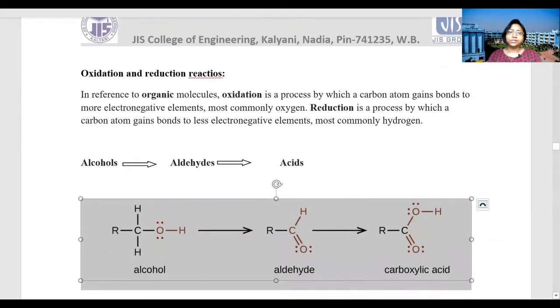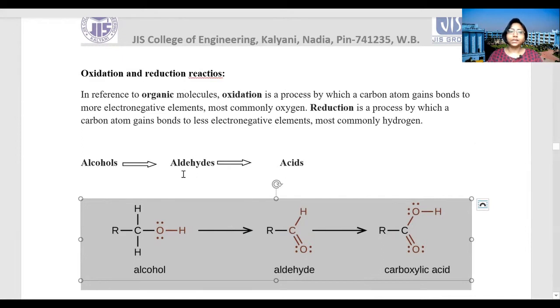In reference to organic molecules, oxidation is a process by which a carbon atom gains bonds to more electronegative elements, most commonly oxygen. So oxidation means the gain of oxygen. And reduction is a process by which a carbon atom gains bonds to less electronegative elements, most commonly hydrogen.